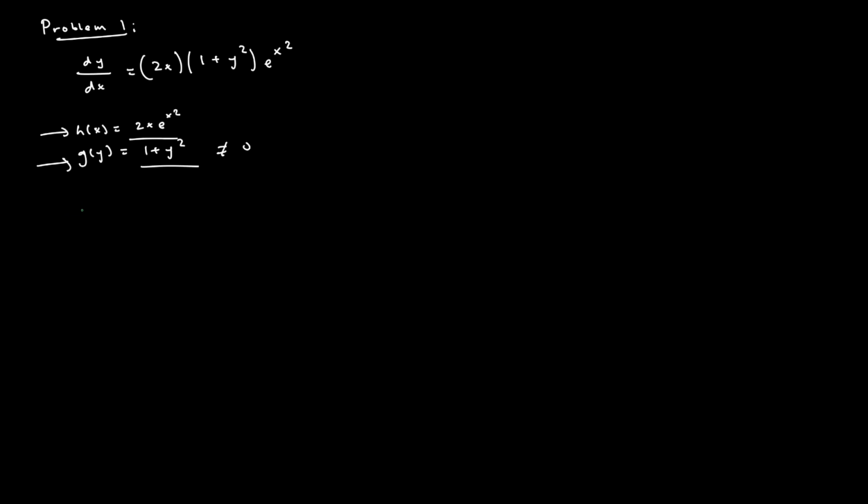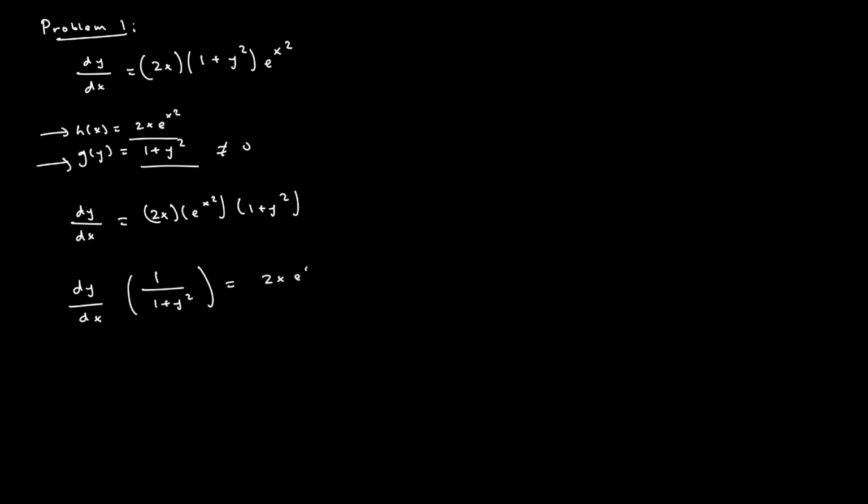So rewriting this, I'm going to take all the terms with y on one side, so I get dy over dx times 1 over 1 plus y squared is equal to 2x times e to the x squared. And then, like we saw previously, we will end up with the integral of 1 over 1 plus y squared dy is equal to the integral of 2x e to the x squared dx.